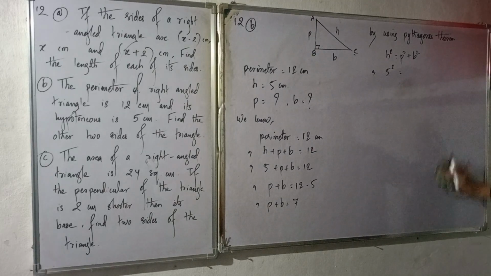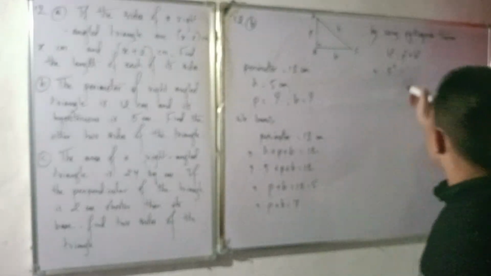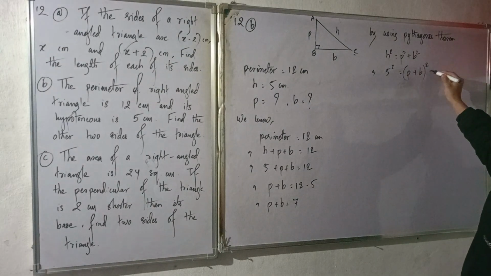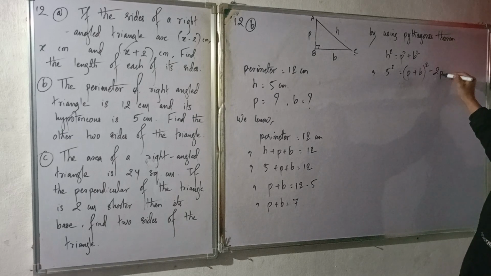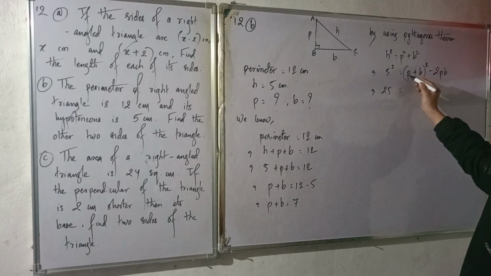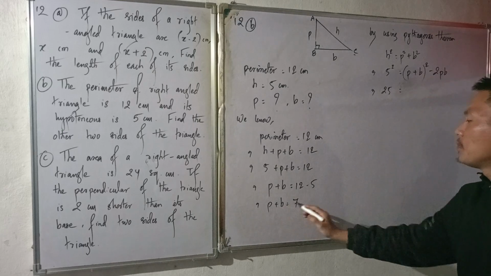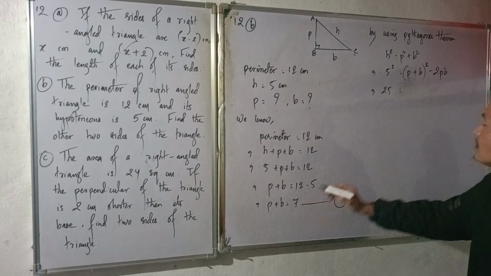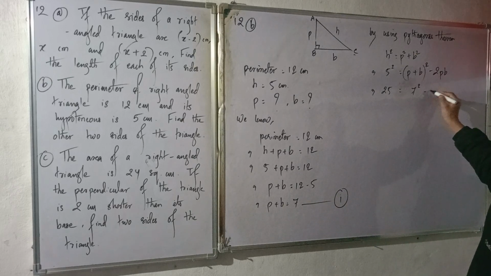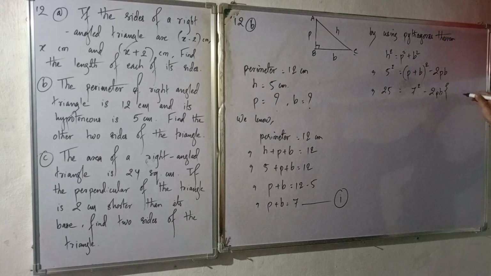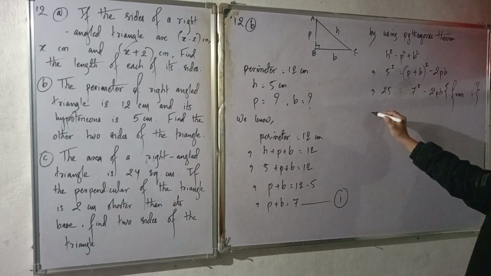Now here, P square plus B square can be written as P plus B whole square minus 2 times PB. So 5 square will be 25. Let's call this equation I. You can substitute the value of P plus B by 7, so 7 square minus 2PB.